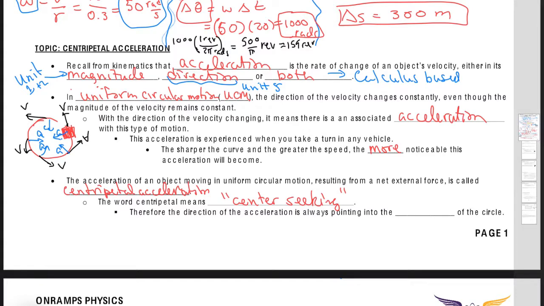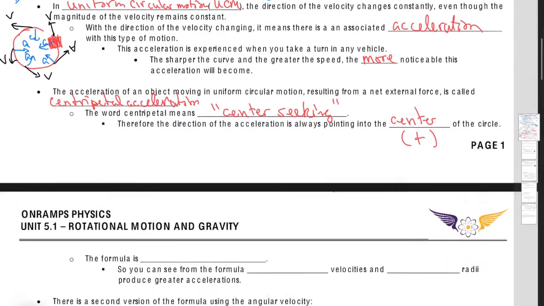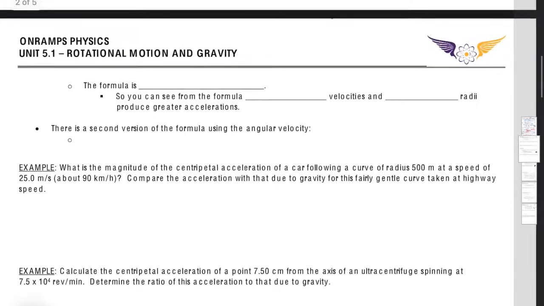That word does not exist in physics. It comes from the idea that if you want to cause objects to spin, you put them into a centrifuge, but don't put the letters AL at the end. Drop the E and put the AL. We don't use that word here. Therefore, the direction of the acceleration is always pointing into the center of the circle, and this is going to end up being our positive direction in circular motion.